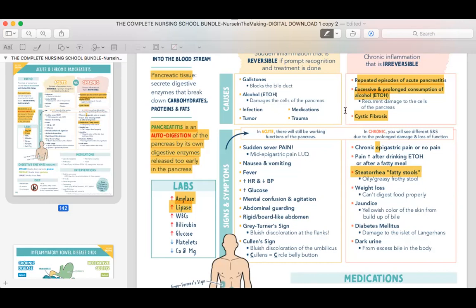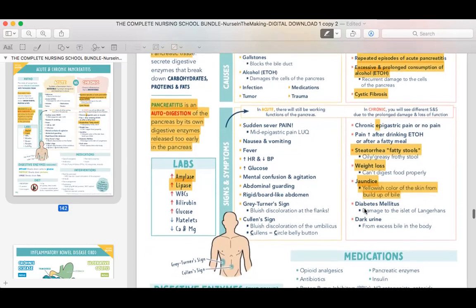It's important to know for cystic fibrosis: you monitor their weight loss. Any weight loss of 2 or 3 pounds, you have to let the HCP know. Jaundice, you monitor for that, the yellow sclera and skin from the bile.